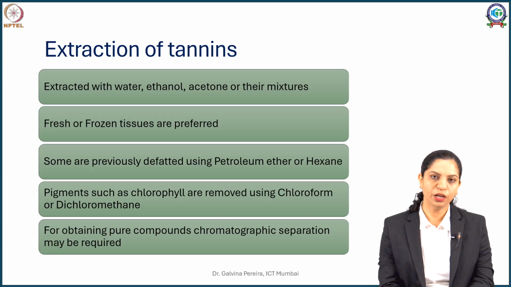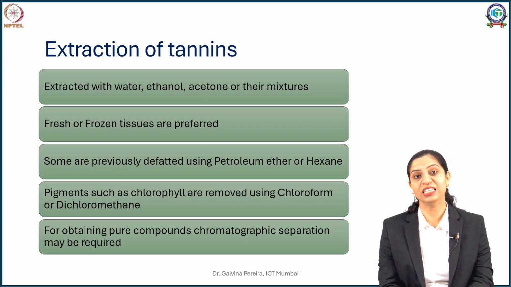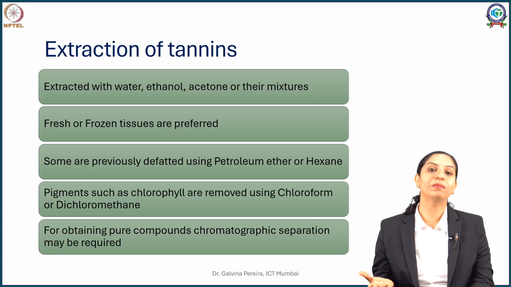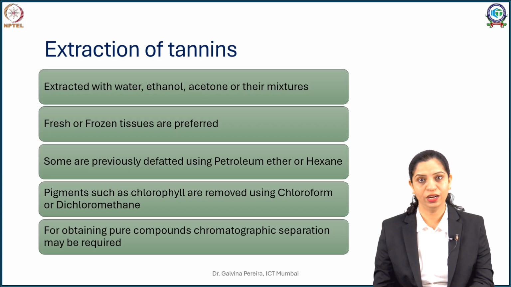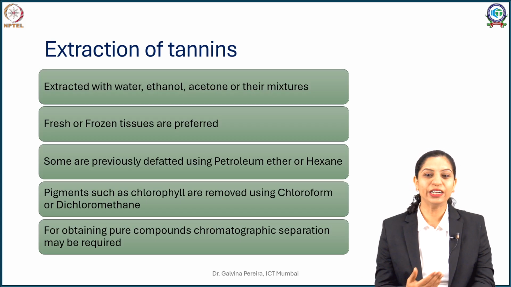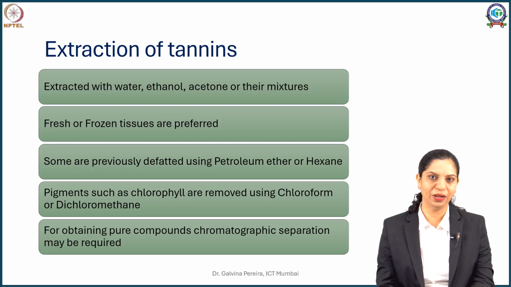The other problem is when your plant product is a leaf or a stem which contains pigments. Now, these pigments can be something like chlorophyll. Chlorophyll often interferes with color evaluation because inherently it is green in color. To get rid of chlorophyll, it is advised that you extract the sample with chloroform or organic solvents in which chlorophyll has good solubility.